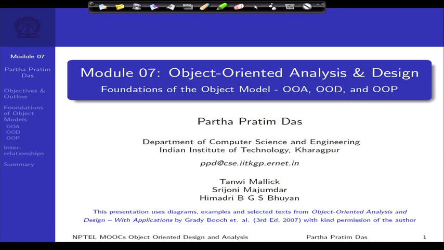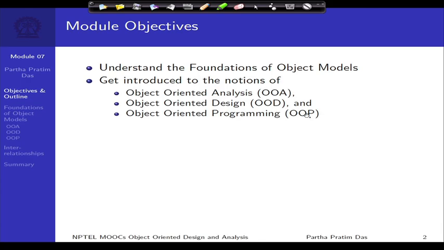So, the current module will talk about the foundations of the object model, and my main intention is to introduce the three basic terms that we will frequently use: what is object oriented analysis, what is object oriented design. Often they are so interrelated that they are referred together as object oriented analysis and design, as is the title of this course, and we will get introduced to what is object oriented programming.